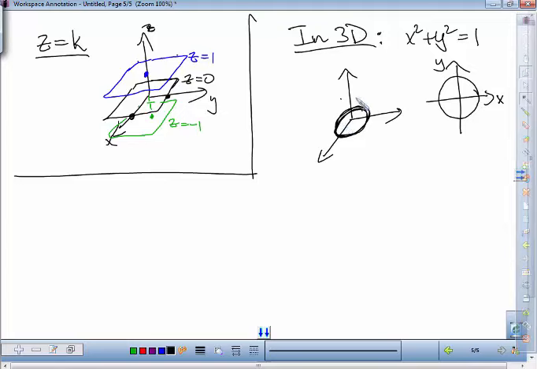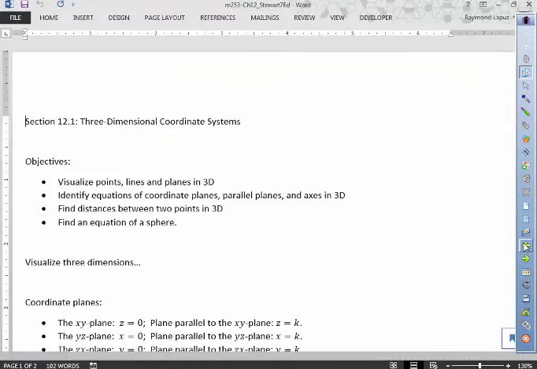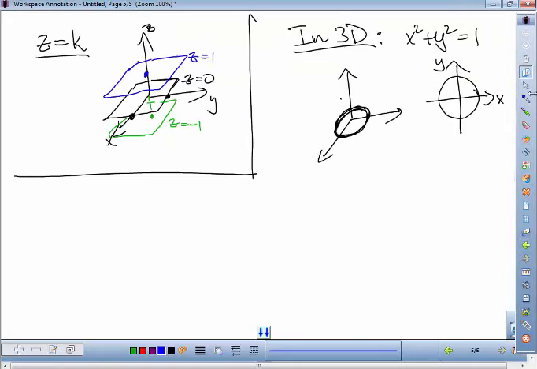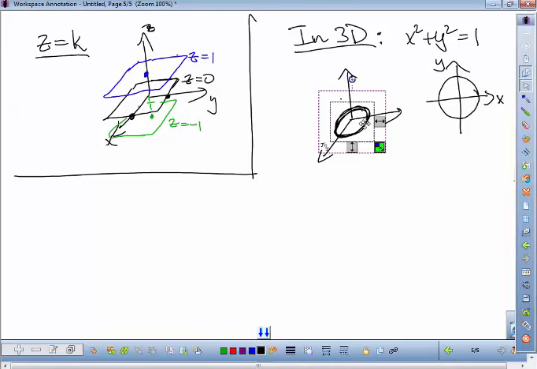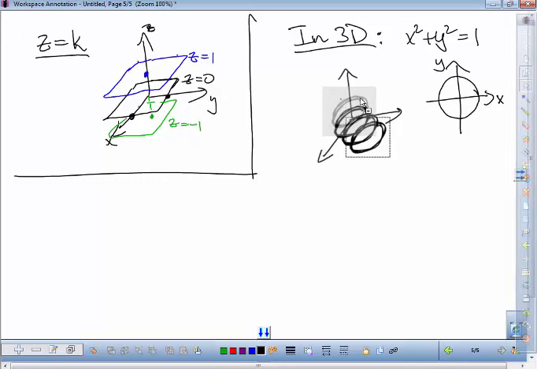And then you're going to have the same circles up and down. Has to be the same circle. Oops, sorry. It's a hollow cylinder. Should be hollow.